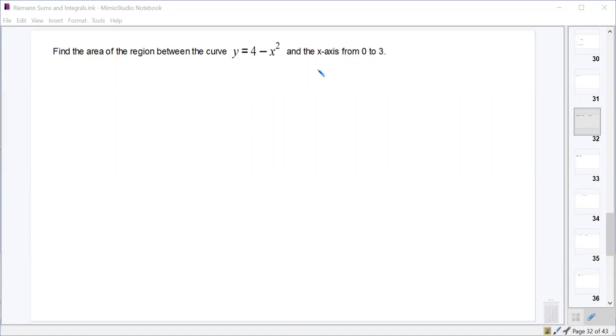No, you're both wrong. Not just take an integral. If we're looking for the area of the region between the curve and the x-axis, what's the first thing we have to do? Because an integral doesn't just give us the area between the curve and the x-axis, right?